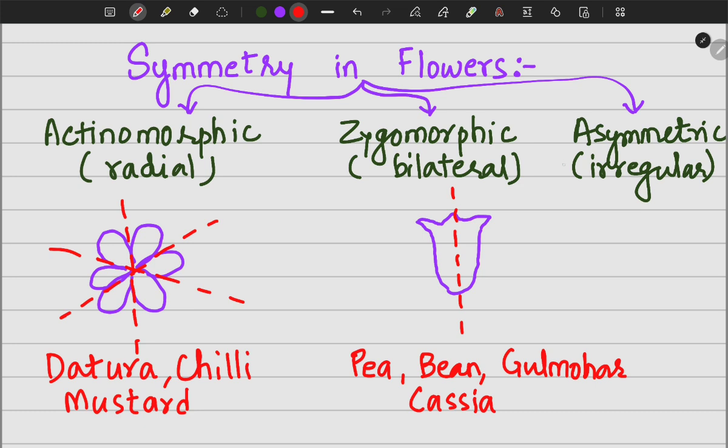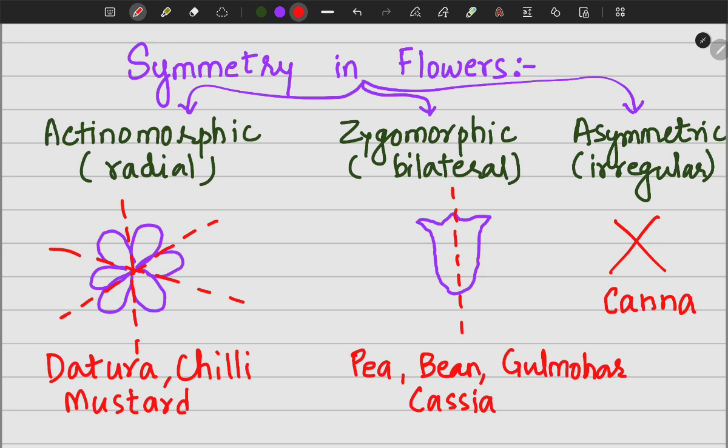Let us move on to the asymmetric flowers. So as the name suggests, the flower is asymmetric. That means it cannot be cut into two equal halves by any plane. So such kind of flowers are called asymmetric or irregular. Example is canna.